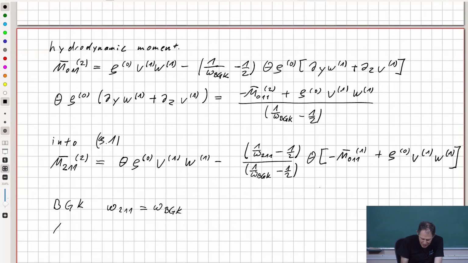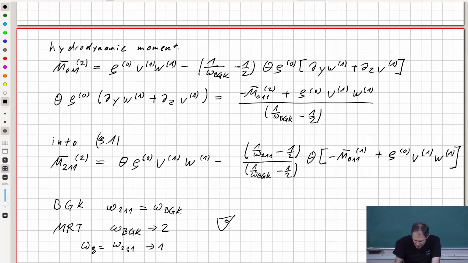However, in multiple relaxation times, usually, not always, but if you want to have turbulent flow, then omega BGK should go to 1, and omega 211 could be anything. Let's call this omega for the ghosts. We like to put this, for example, to 1.